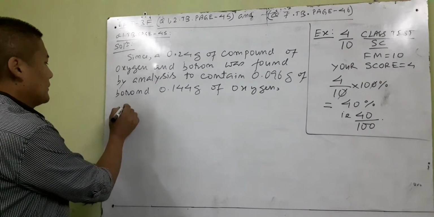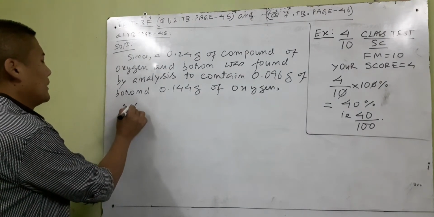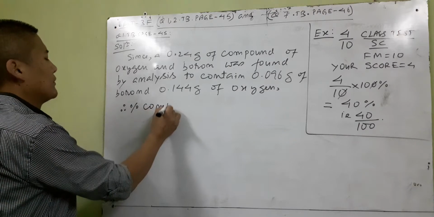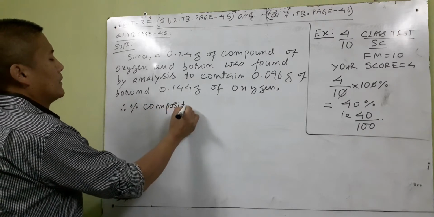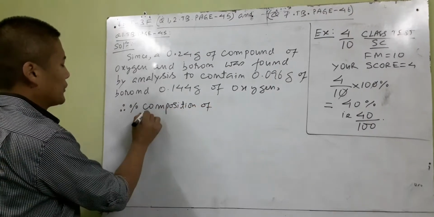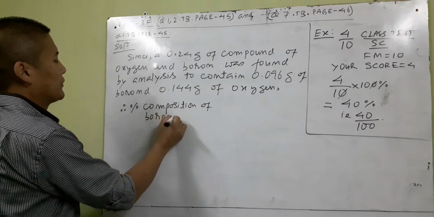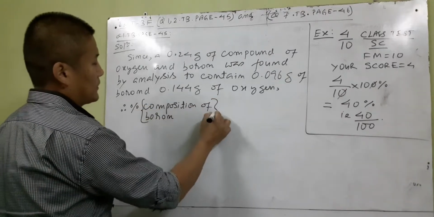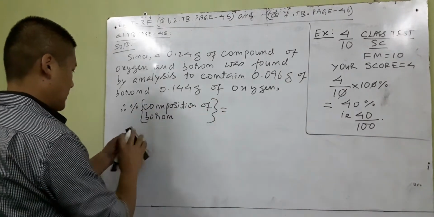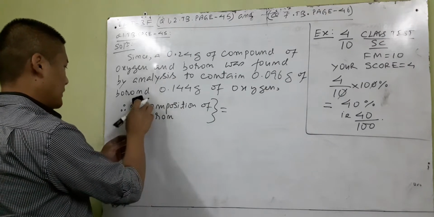So here, therefore, percentage composition of one of them, let us calculate. Composition of boron, let us say. Any one you can take, boron or oxygen. Percentage composition of the boron in the compound.